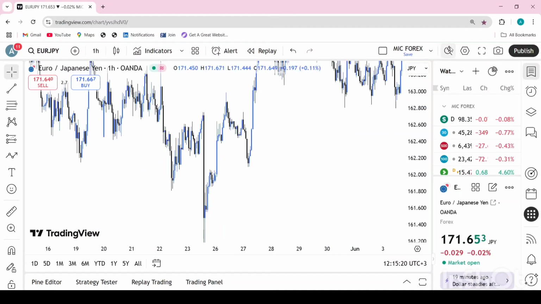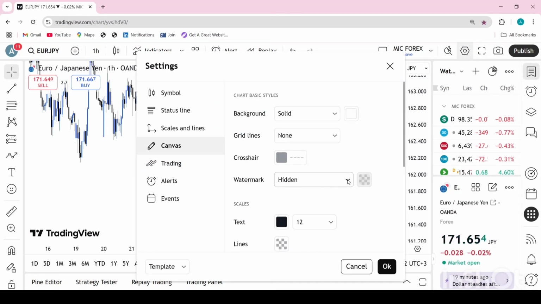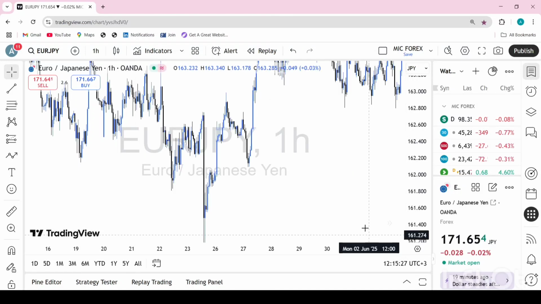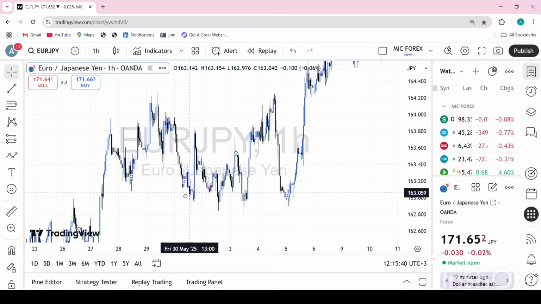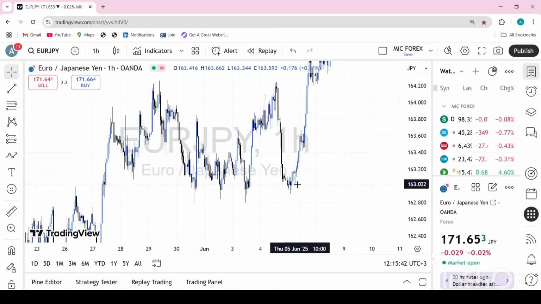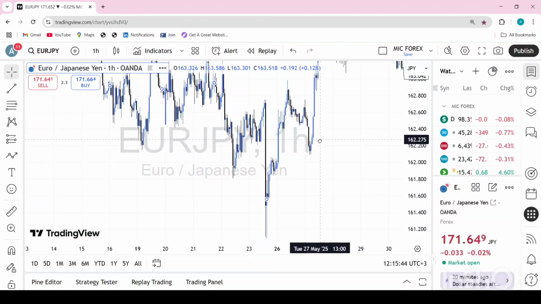Let me add the watermark so that you are not lost. Also add the grid lines, all of them. Yes, I think now it's easy to identify what we're doing. So the major reaction points are in this area.